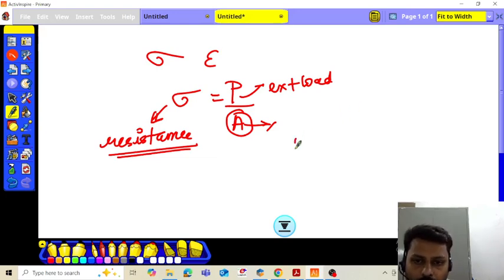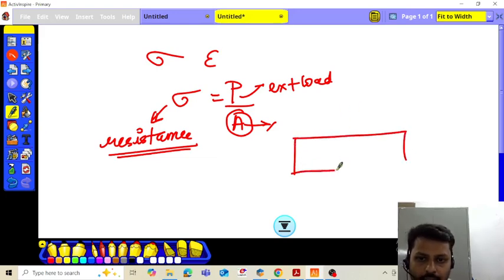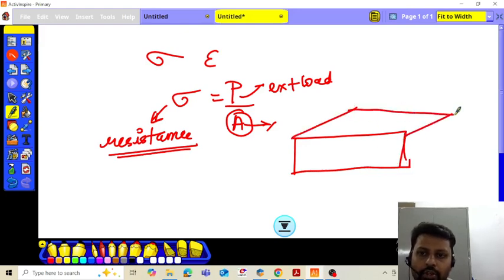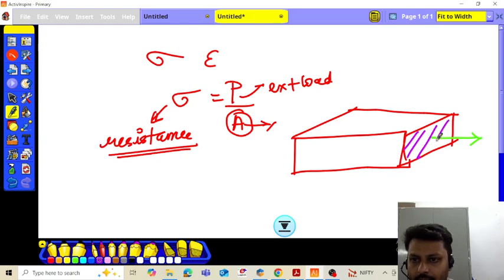For example, if we take a bar like this, if the bar has a cross section which looks like this, and if the load is being applied on this particular cross section, if I draw lines which represent the area resisting the load, this is it.